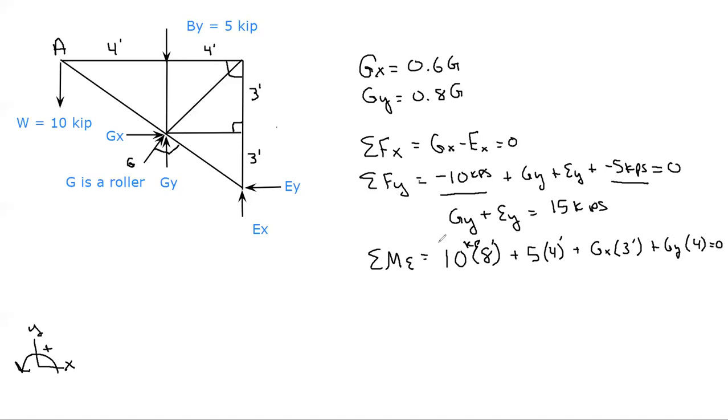Clearly looking at our free body diagram, for the moment about E, the 10 kip force causes a counterclockwise moment that's positive. The 5 kip force is also positive. Gx, pointing to the right, would create a clockwise moment, so that's negative.